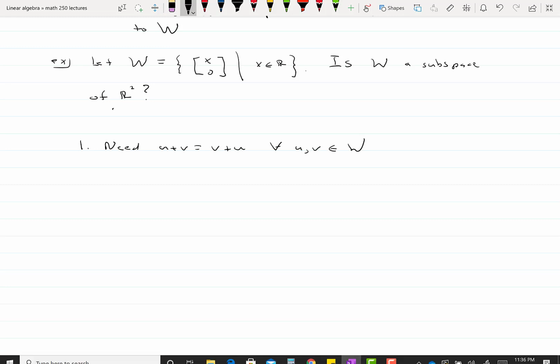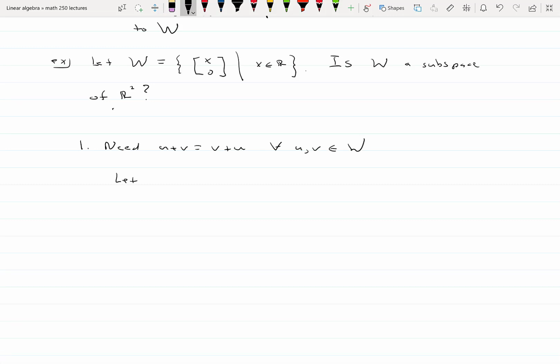Okay, well, we would have to say something like, let u equal x comma 0 and v equal, let's say, y comma 0. I'm still thinking about R2 as the xy plane.